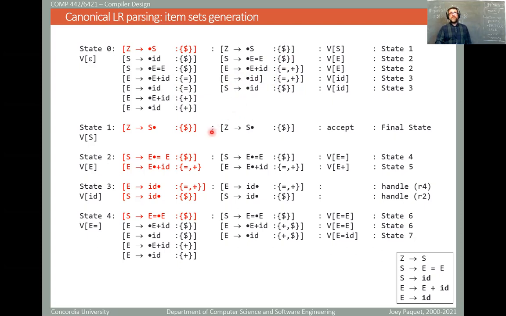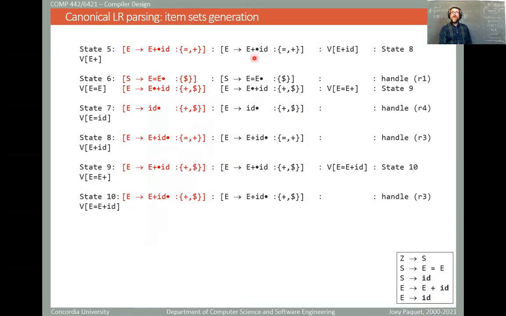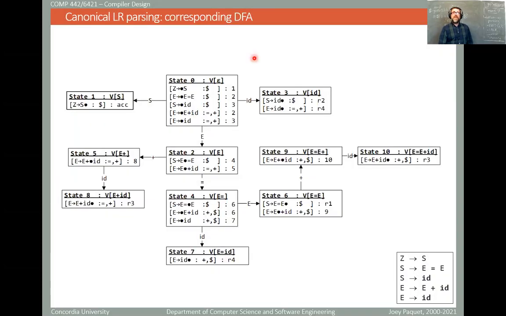It's exactly the same concept that you repeat. I'm just going to remind you, if this is your item set, let's go to the graph which I have here. So this is my item set for state 0.